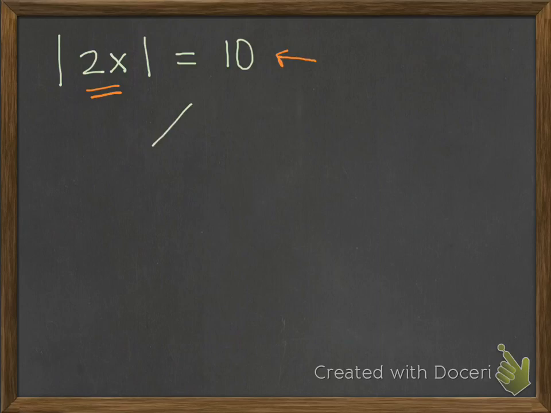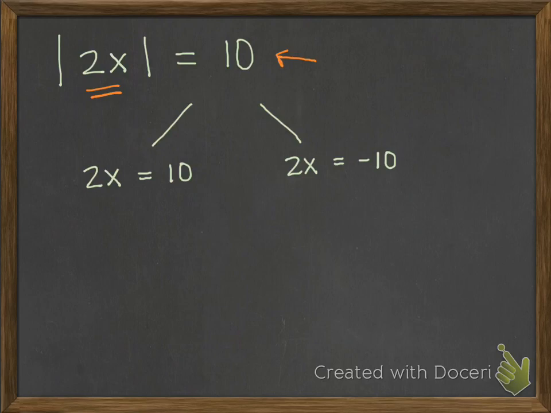So once again, we are going to break up our equation into two separate parts. 2x could equal the positive 10, but 2x could also equal the negative 10. It is really important to note that whatever is inside of the absolute value does not change. So we keep that the same.